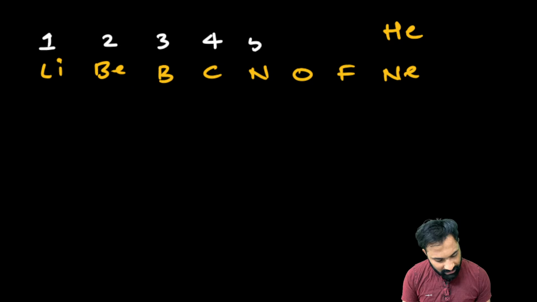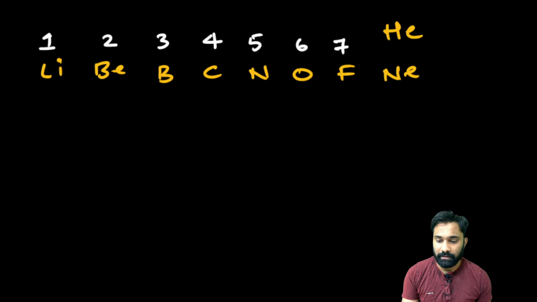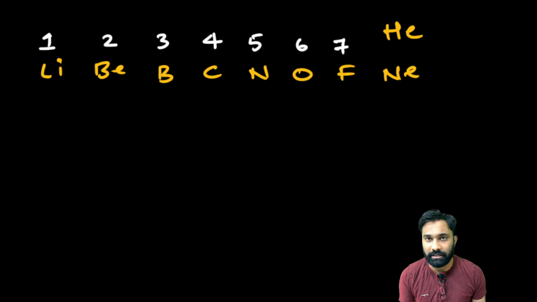Nitrogen valency electrons are 5. Oxygen valency electrons are 6, so its group number is 6. Halogens valency electrons are 7, so its group number is 7. Next one is the noble gas. Now here, if any element is given and you don't know its oxidation number, how to identify it easily?